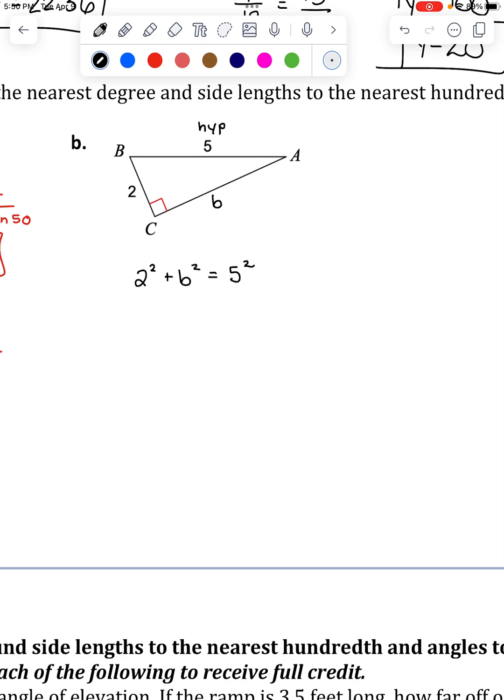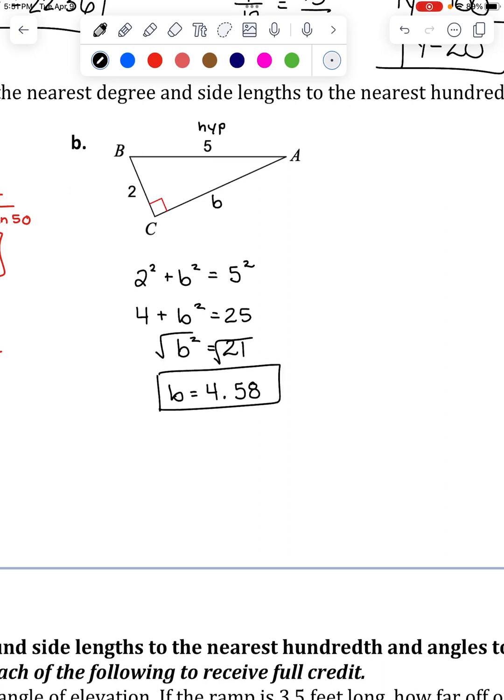So 2 squared plus b squared equals 5 squared. That's 4. Subtract that from both sides, I get 21. To get rid of the square, I take the square root. Square root of 21 is 4.58.